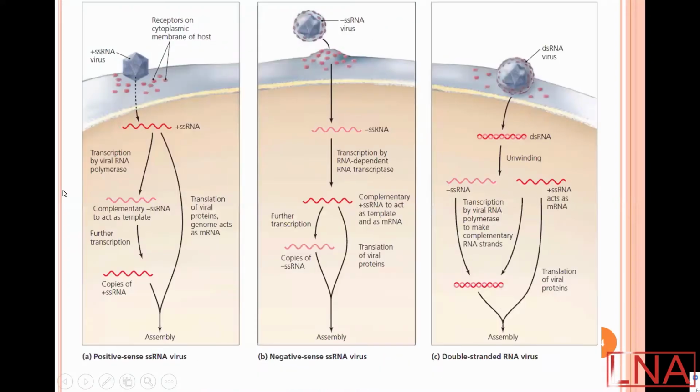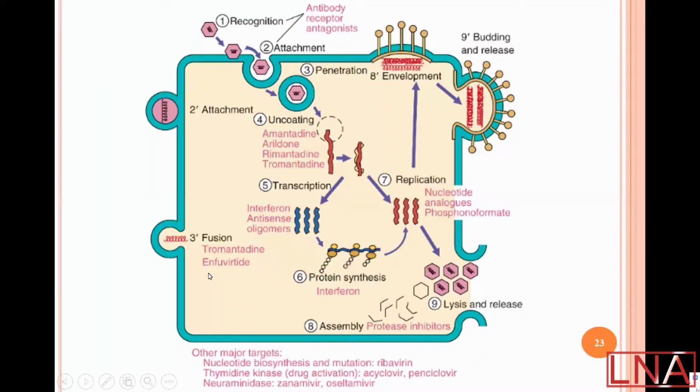Then, many kinds of drugs can prevent inner steps: fusion, uncoating, transcription, synthesis of protein, and replication also. Moreover, protein synthesis can be prevented by our own interferon. And protease inhibitors also can stop assembly, when the virus is still inside or outside of the cell, it doesn't matter.